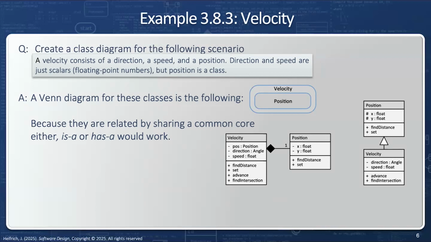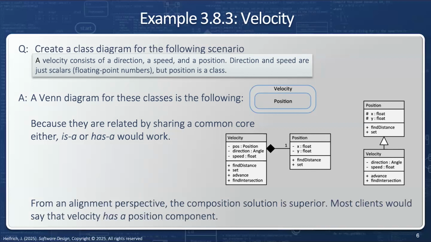Now on the left, I can say that velocity has exactly one position, or on the right, I can say that a velocity is an elaboration of a position. It's everything that a position is plus a direction plus a speed. Now, both of these will work. They'll work exactly the same. They will have exactly the same functionality. The question is, which one's better?